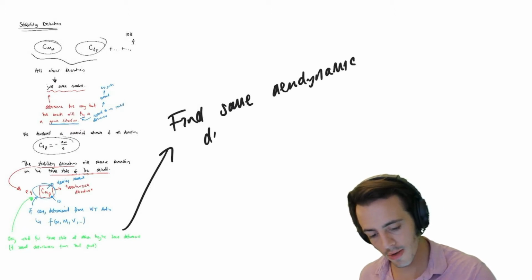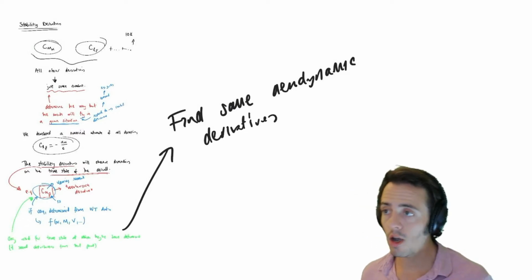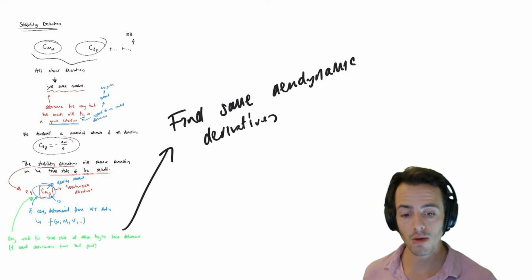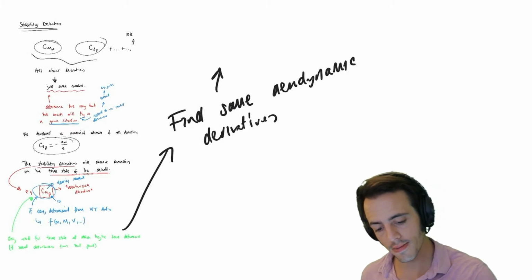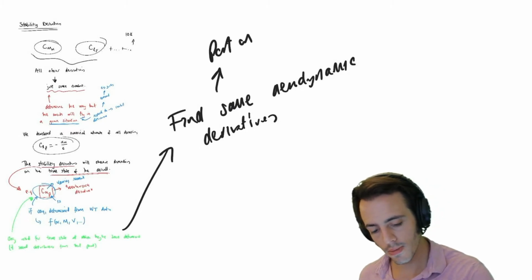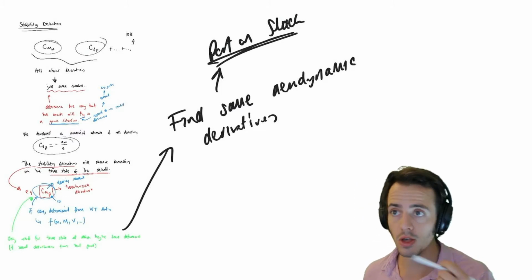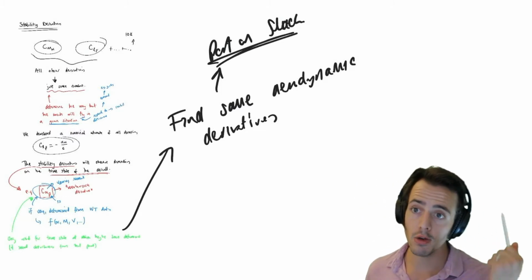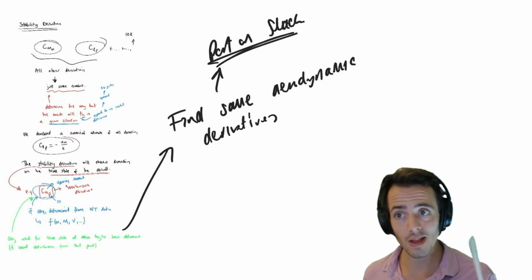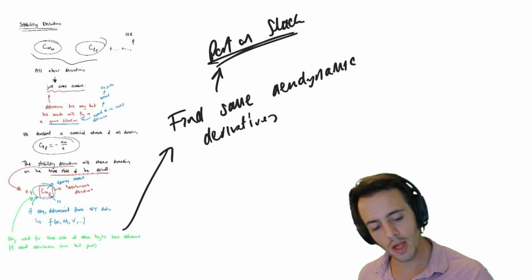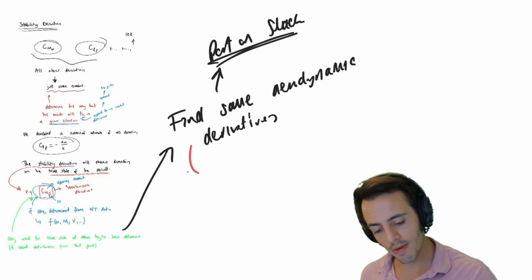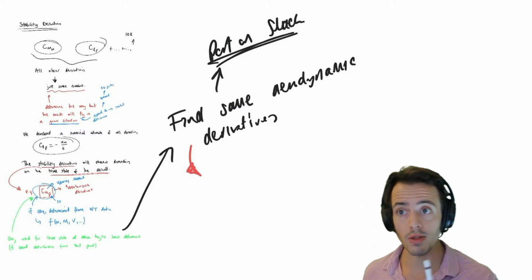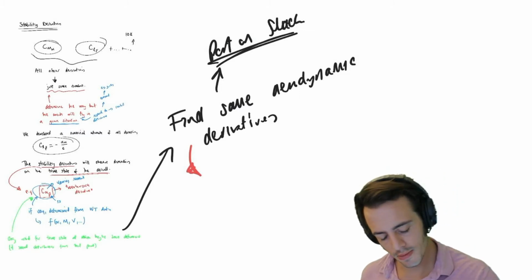I'm challenging you guys to do this now. Okay, so on my course, go find some aerodynamic derivatives for aircraft you like and post them on the Slack site. Because what we're going to end up using later in this course, I want you guys to use the methodologies that we create to look at the stability of those aircraft. What you will find is that you can find these derivatives, but they'll also be defined at the state for which they're valid.